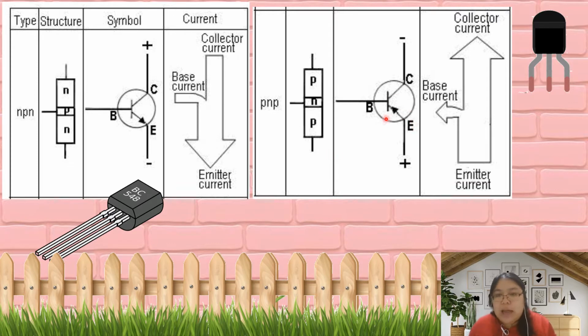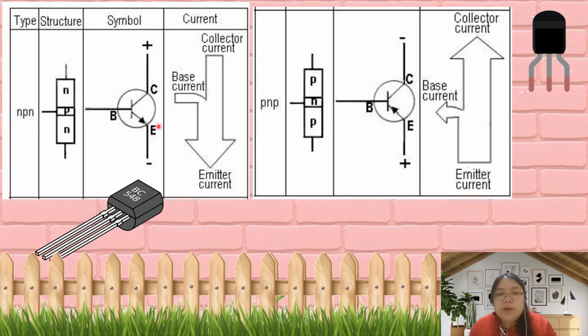In the symbol, the arrow is reversed. When the arrow is up, it means the emitter is a supplier. It supplies all the current up to the collector. So this one is just the reverse of the arrow.